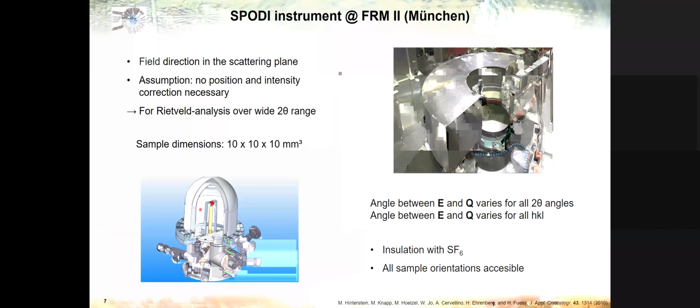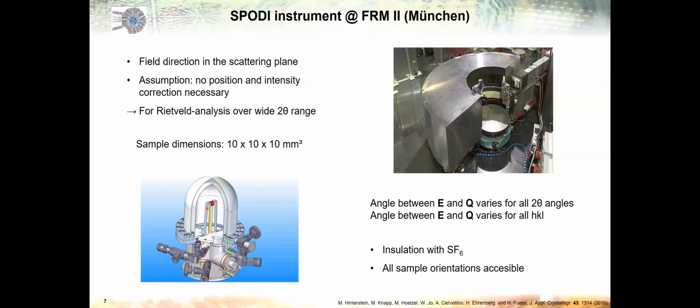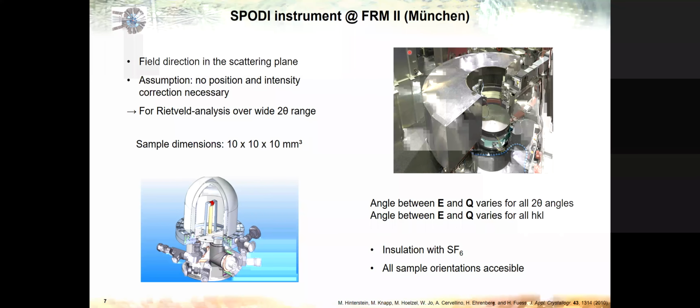For neutrons, it's a bit different. Usually you need larger samples. Here I depicted the example in Munich at a research reactor. Everything is about one order of magnitude bigger. You have a really large detector, but probably the whole instrument would fit in a small room. We built a sample environment here where we can investigate about a cubic centimeter, so even full devices would be possible.